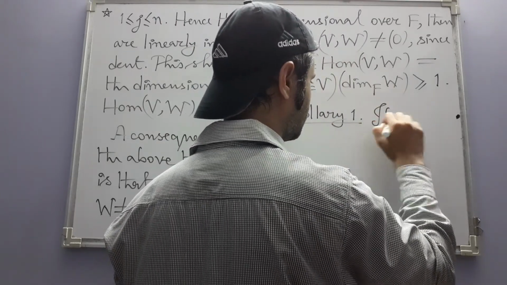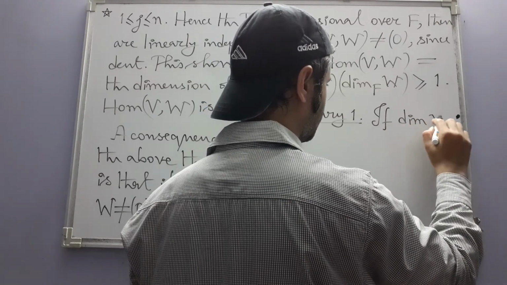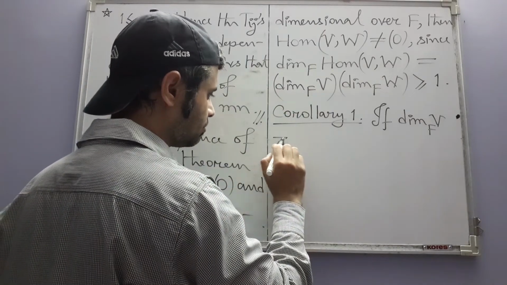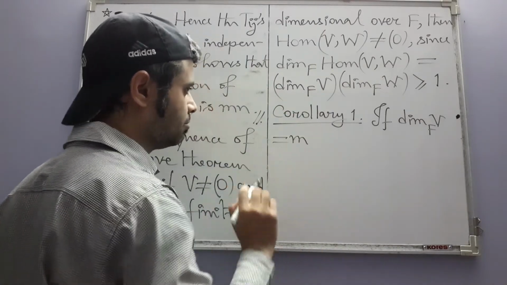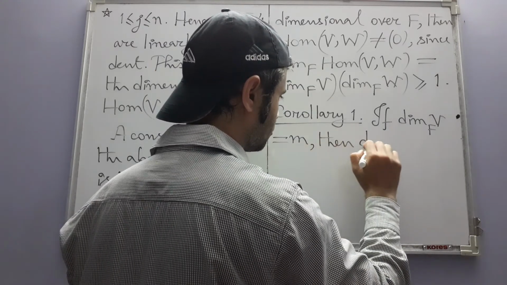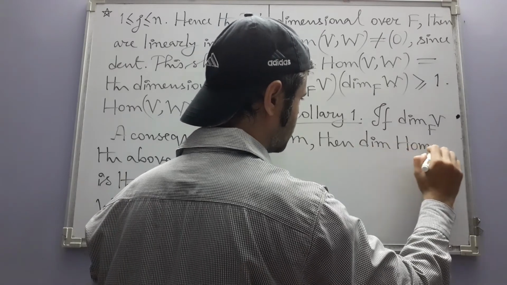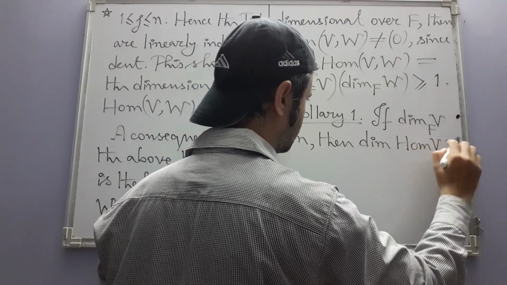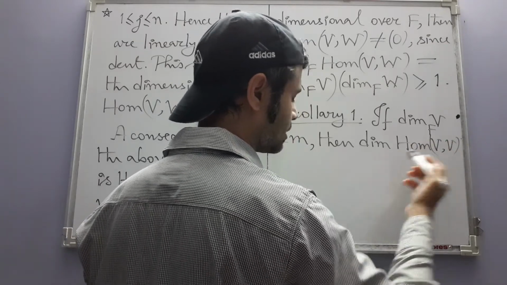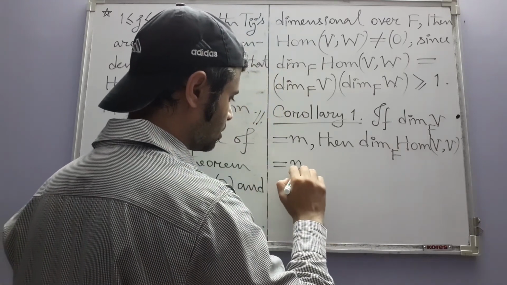If V is a vector space over F whose dimension over F is m, it's finite dimensional, then the dimension of this space, where both the spaces, I mean V and W, they are the same thing, Hom(V, V) over F, is m squared.